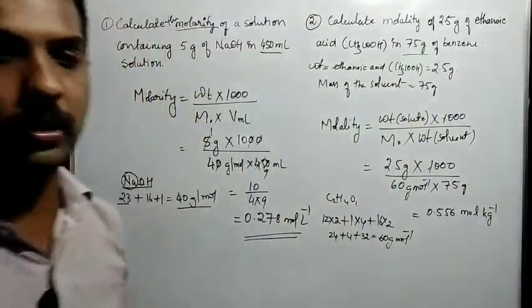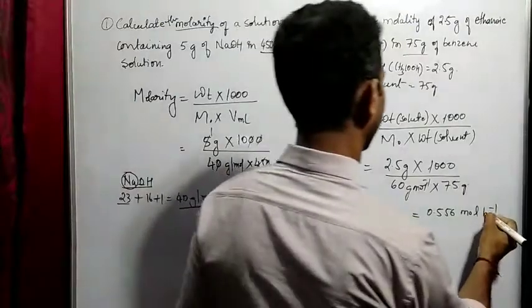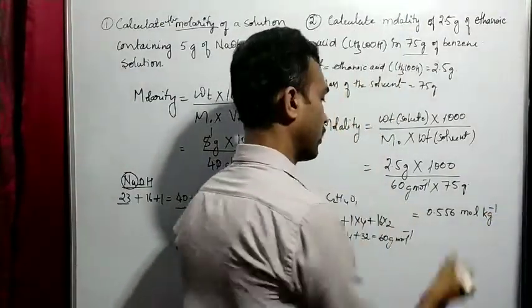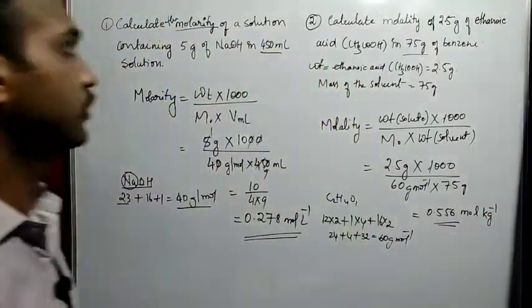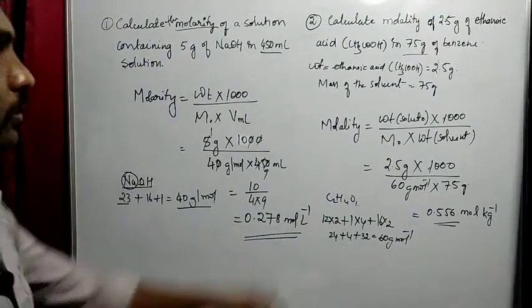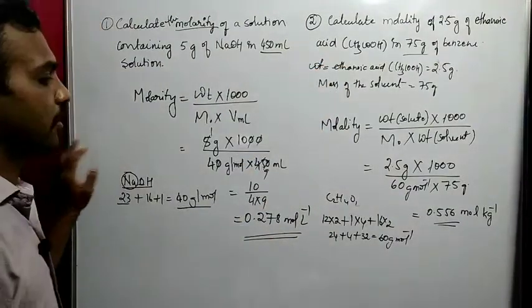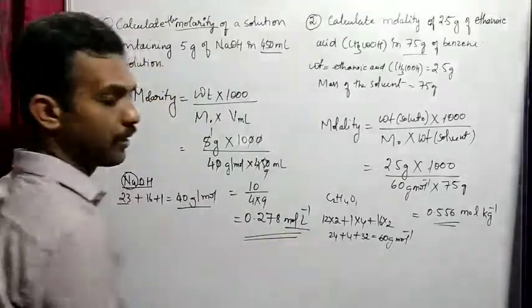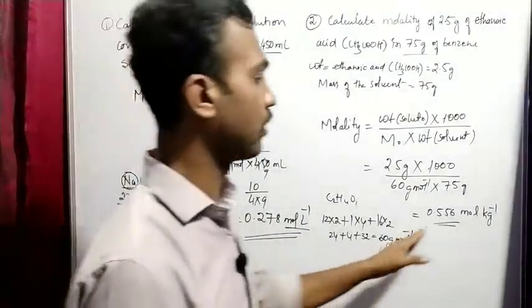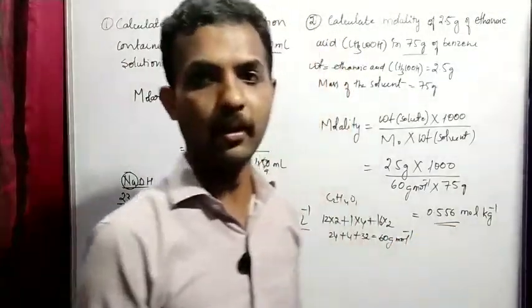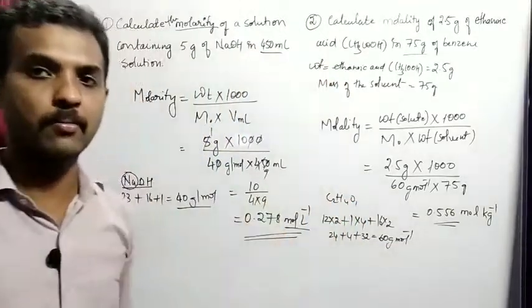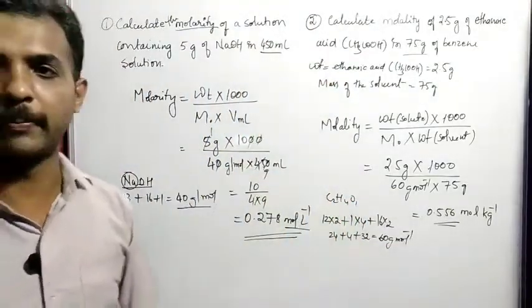So this is regarding what? So molality. Molality is mole per kg, whereas molarity is mole per liter. So that is the difference between molality and molarity with the problem.